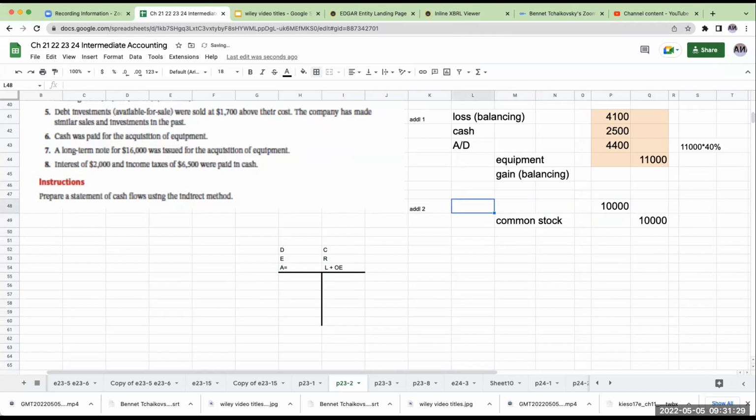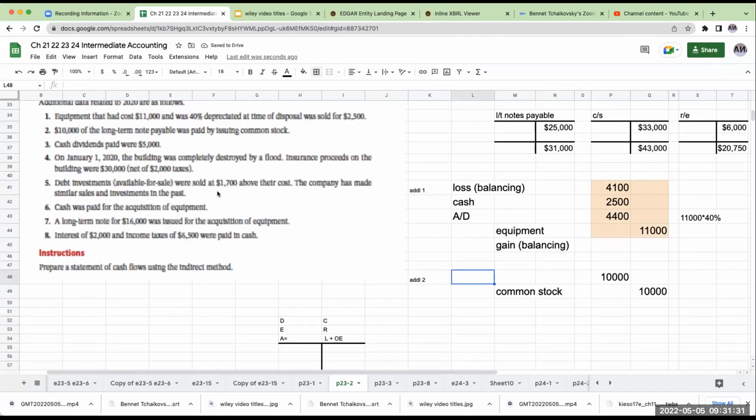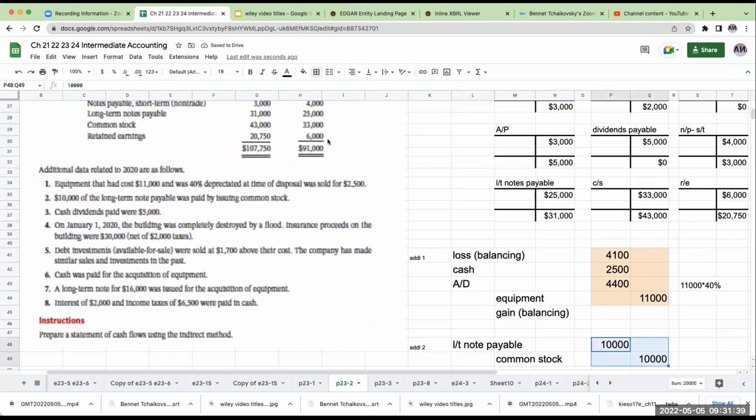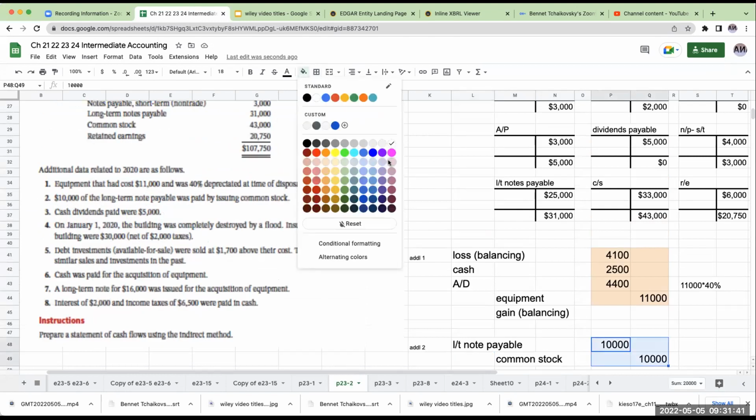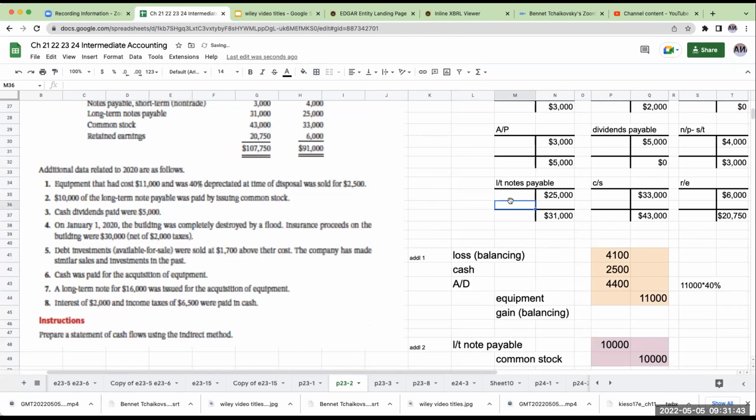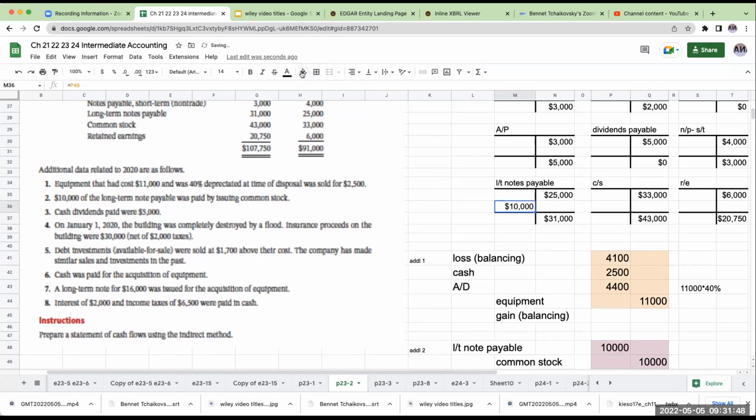For every credit, I need a debit, and I'm going to go over here, and this is going to be my long-term note payable. Now, if I put this into the various different T accounts, I've got a long-term note payable over here, and a common stock going up here of 10.